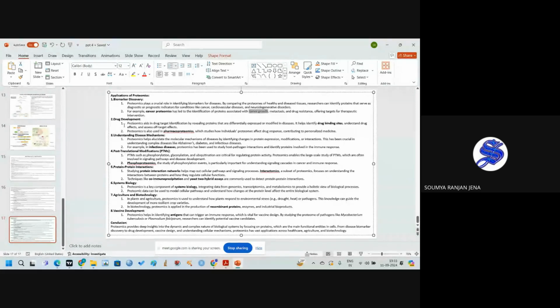Then by studying proteomics, we also aid different types of drug development, and proteomics aids in drug target identification by revealing proteins that are differentially expressed or modified in disease, and it helps identify drug binding sites, understand drug effects, and assess different targets' effects.